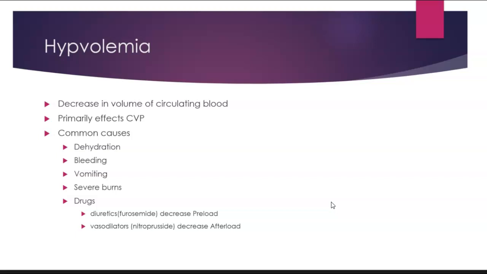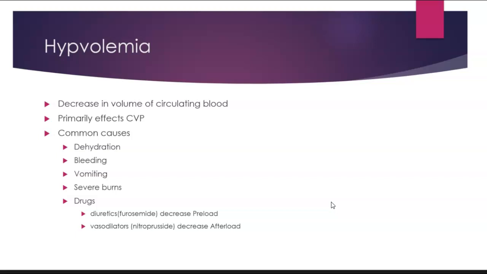Vomiting also, because of the loss of fluid. Severe burns, there's a lot of loss of fluid with severe burns, and different types of drugs can cause hypovolemia as well. The primary drug classification would be your diuretics. Furosemide is an example of a diuretic that's commonly used. The brand name is Lasix.